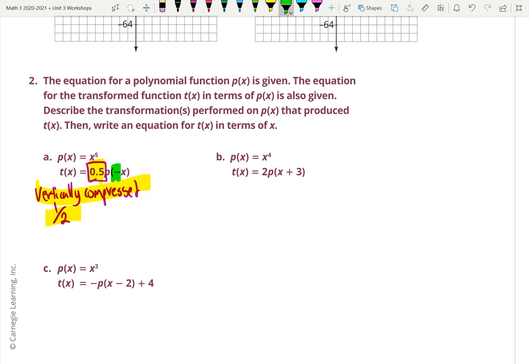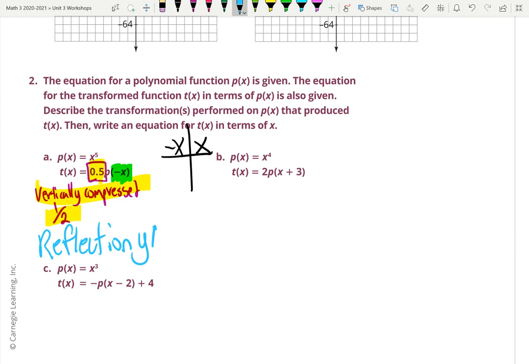I also know that a negative x, okay, I look at it. Negative x's are here, x's are here. It's going to be a reflection over the y-axis, while the x's are what's being changed. So I know that it's going to be a reflection over the y-axis. And that's the two parts.